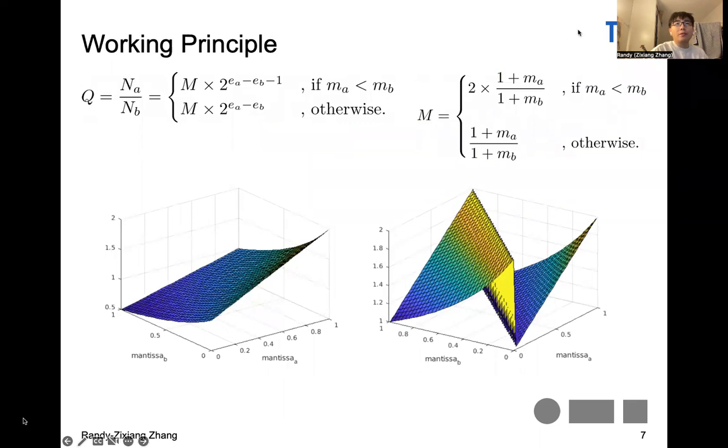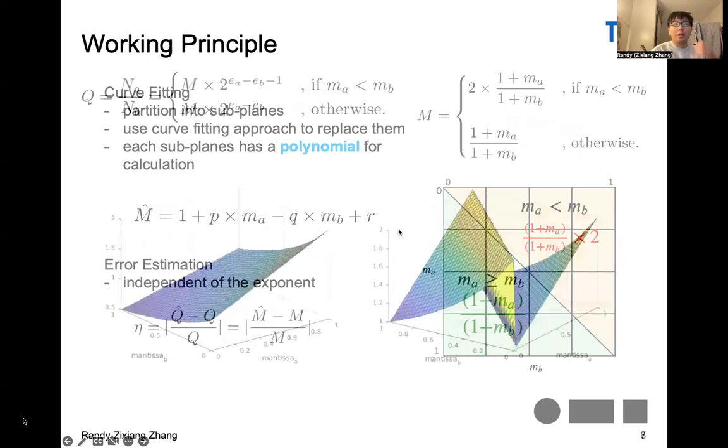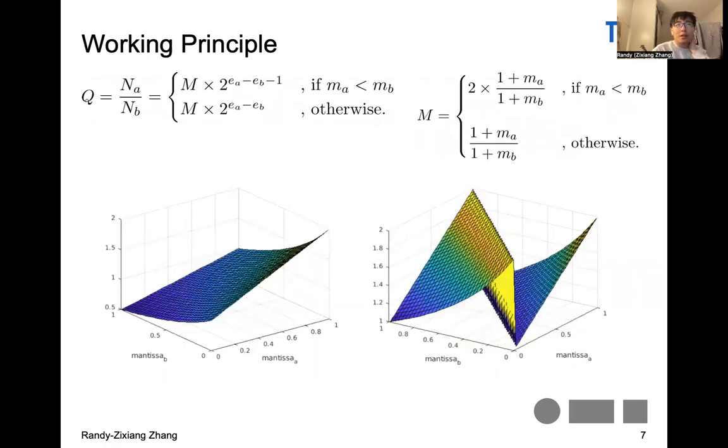The quotient can be represented as a function characterized by the mantissas of both the dividend and divisor, and then we can plot this as a curve.